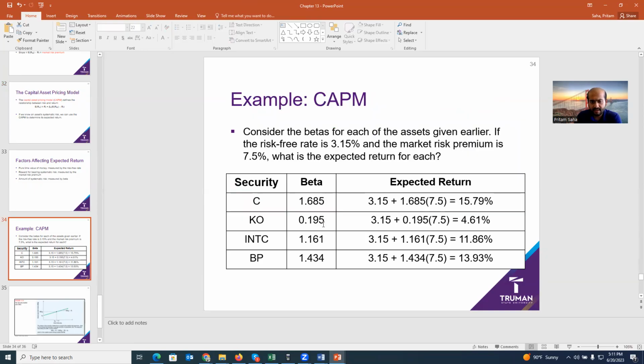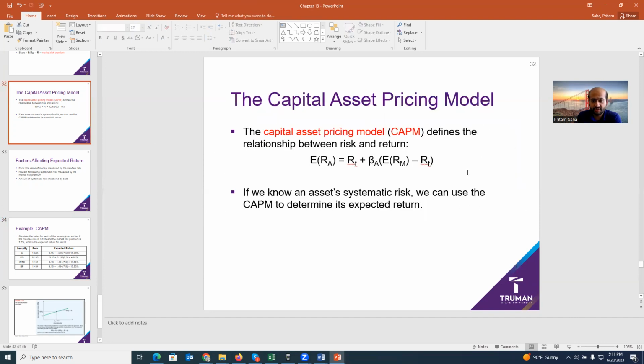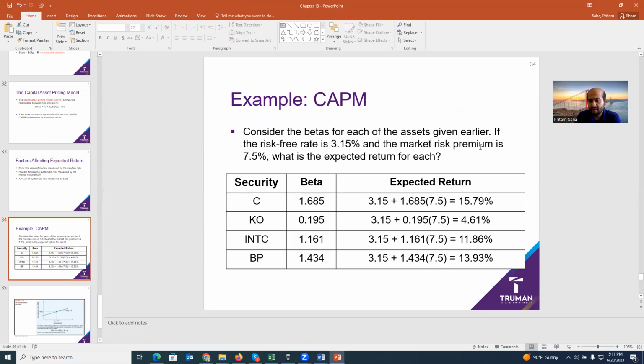Consider the beta for each asset given earlier. Risk-free rate is 3.15%. Be careful with the market risk premium, which is the entire area that's given, so do not deduct the risk-free rate again. Market risk premium is 7.5%. What is the expected return for each stock? We're using the same risk-free rate and the same market risk premium, and only the beta is changing.